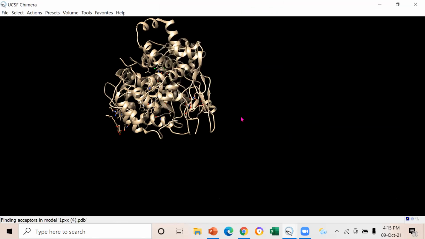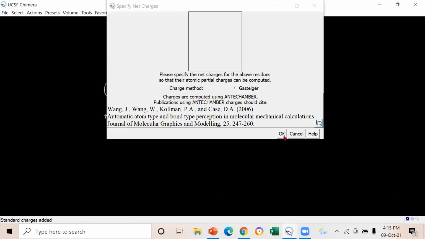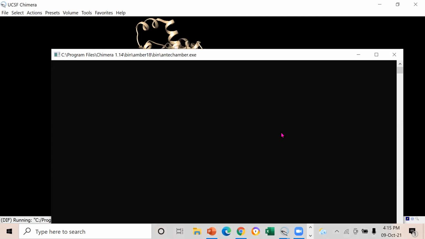Anyway, you have to do it, it takes time. Now it's minimizing the energy. This will take time. Then you store that structure and use it for your docking. That's very important.